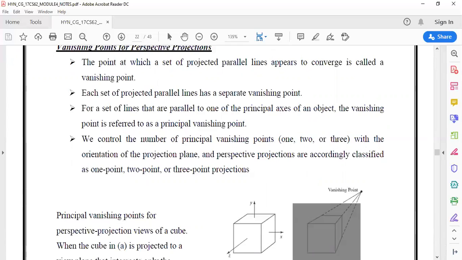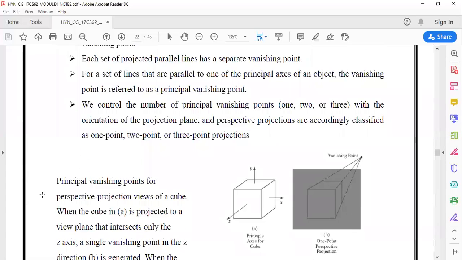Because we have three axes, we can have a maximum of three vanishing points. That is why the perspective projections are classified into three types, as I told in the last video also: 1 point perspective, 2 point perspective and 3 point perspective.